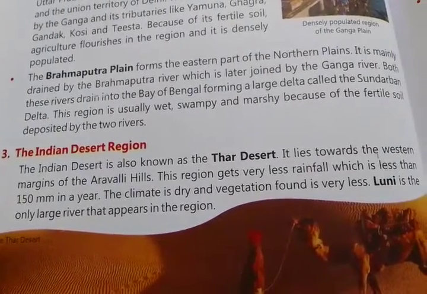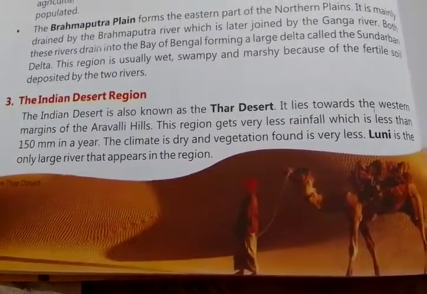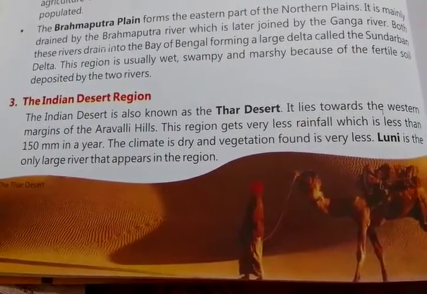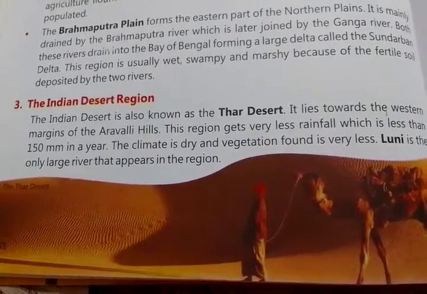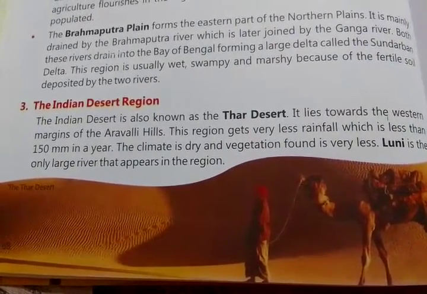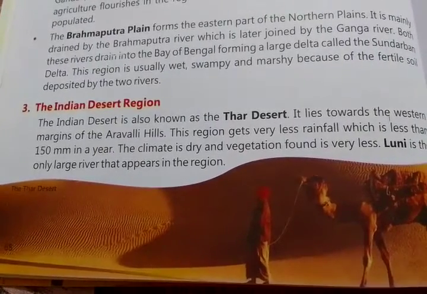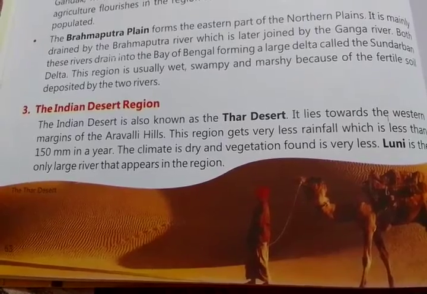Next is number 3, the Indian desert region. The Indian desert region lies in the western part of India. It is also known as the Thar desert.